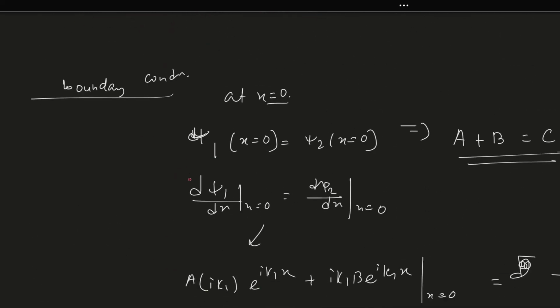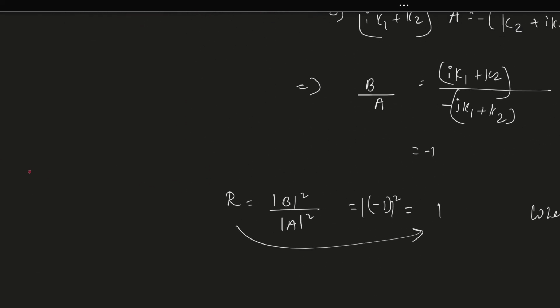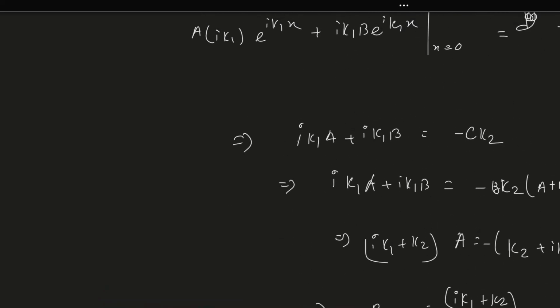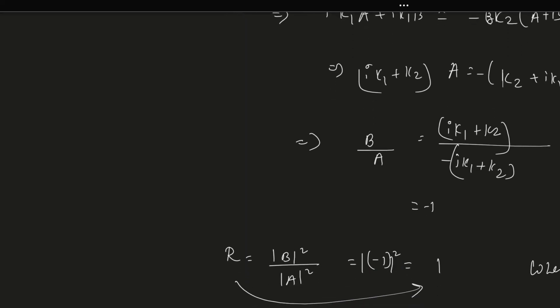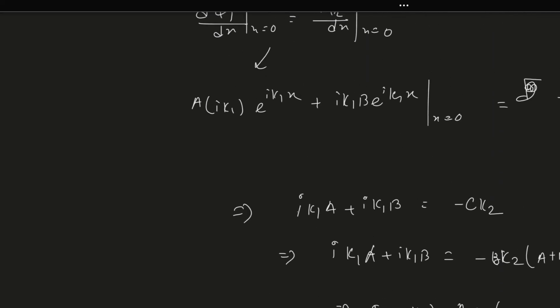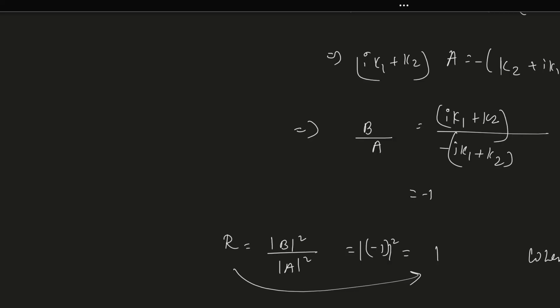So if instead E was greater than V naught, then in regime 2 psi 2 will be like C e to the power of plus i k2 x, and there will be no minus i k2 x because a returning component is not allowed in that regime. So everything is going to the right.